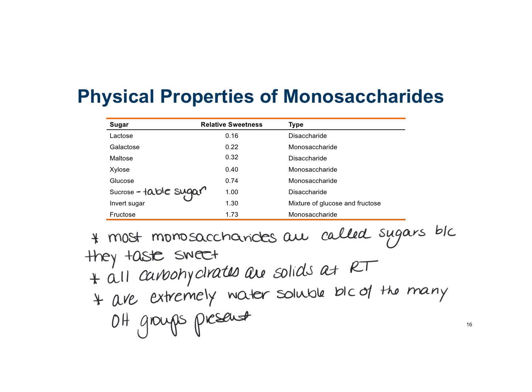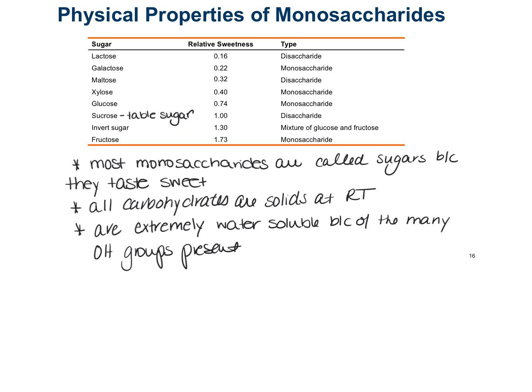In the body, this solubility allows carbohydrates to be transported rapidly into the circulatory system. And so that's one of the many reasons that carbohydrates are a pretty rapid energy source.